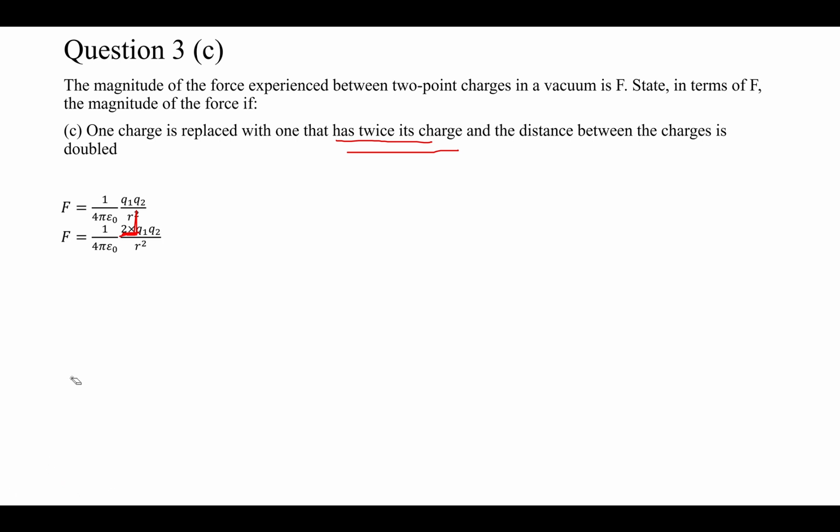Okay, it doesn't look very nice. Let's get rid of this. Yeah, I'm going to do this one. So one charge has twice its charge, that's why Q1 is multiplied by 2. And the distance between the charges is doubled, okay? And we can write it down as (2r) squared. So the distance has doubled.